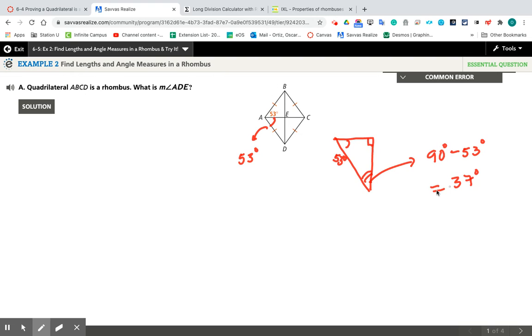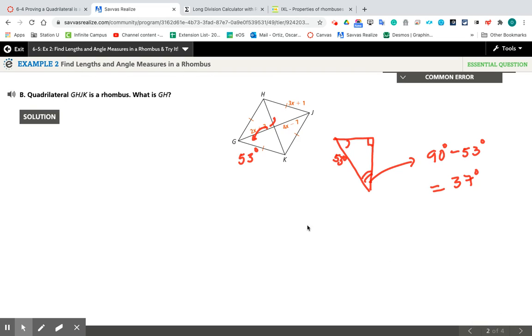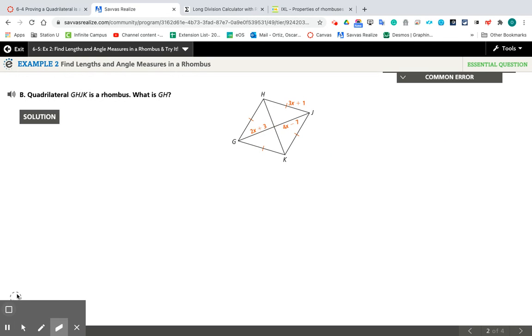So that will be the answer that we expect to see right here, and that's what it is. So that's one way to use that information about diagonals being perpendicular.